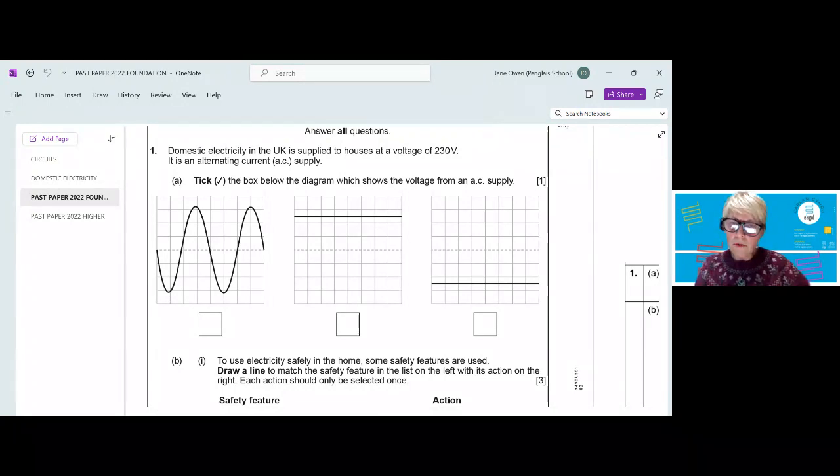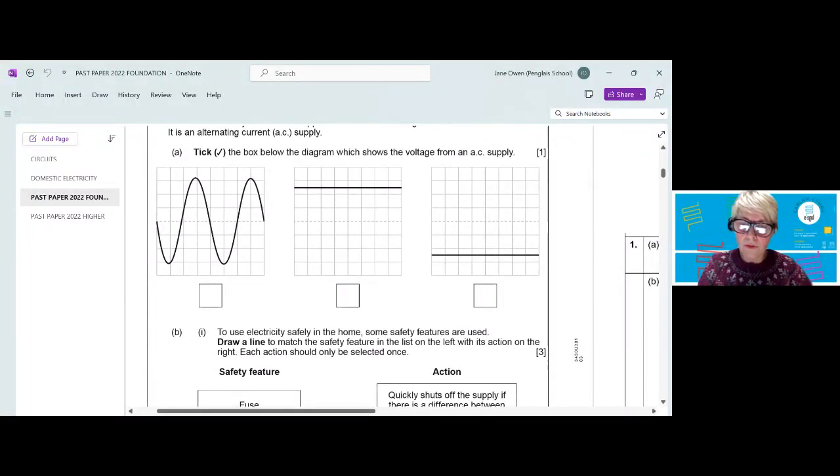Okay, so here we've got domestic electricity in the UK is supplied to houses at a voltage of 230 volts, and it's an alternating current supply. So we've got to tick one of those boxes below the diagram which shows the voltage from an AC supply, an alternating current. Well, it has to be number 1, because number 2 and number 3 are showing direct current supplies where the current is constant.